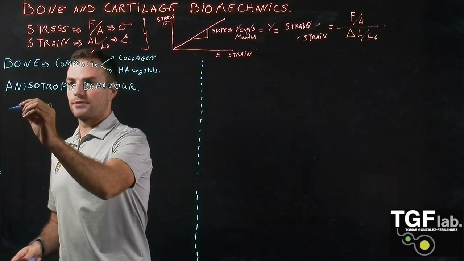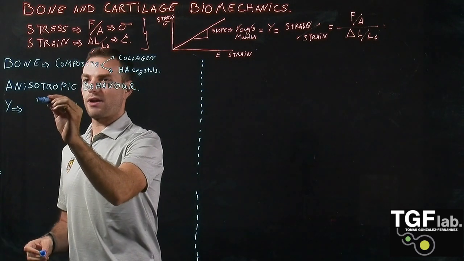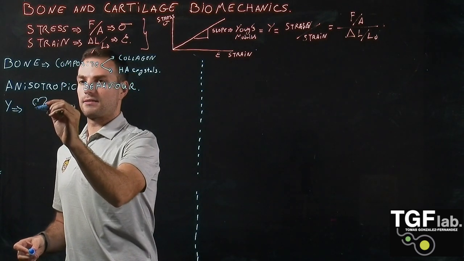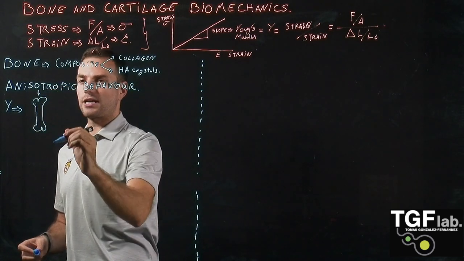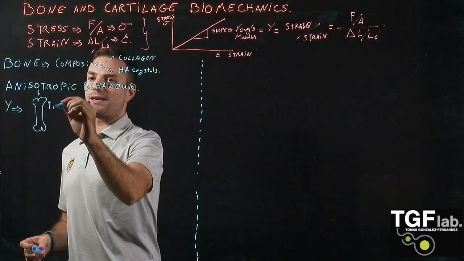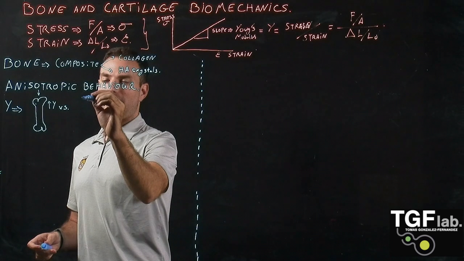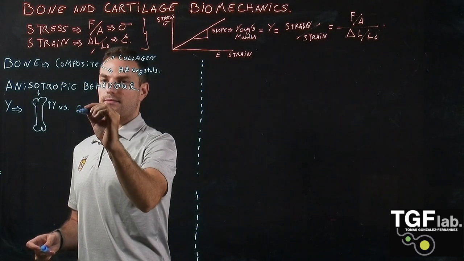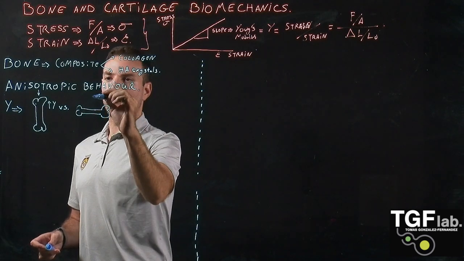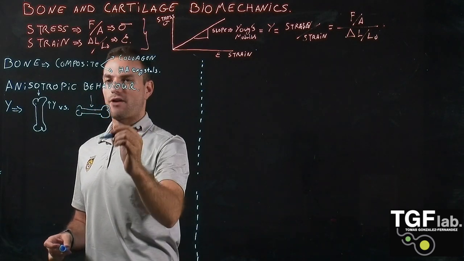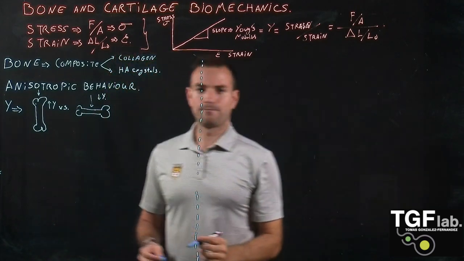So the Young modulus is going to be different if we apply force in the longitudinal direction. If the force comes from here, the Young modulus is going to be higher in comparison to if we apply the force in this radial direction, where the Young modulus is going to be lower, okay?